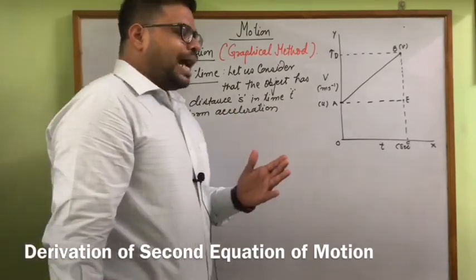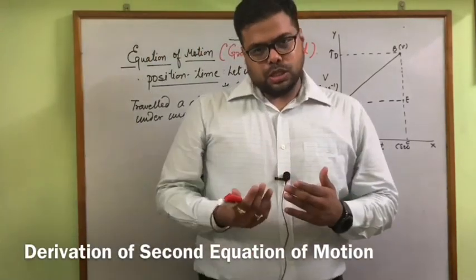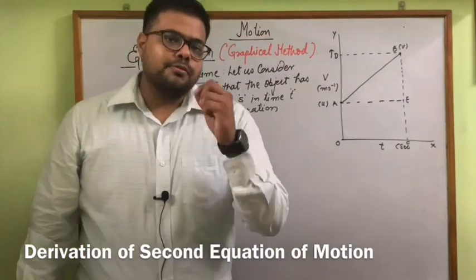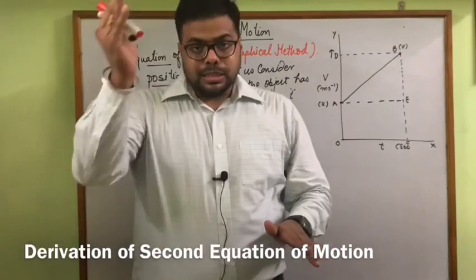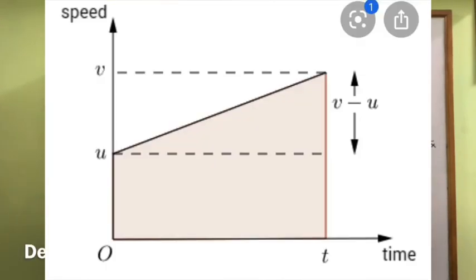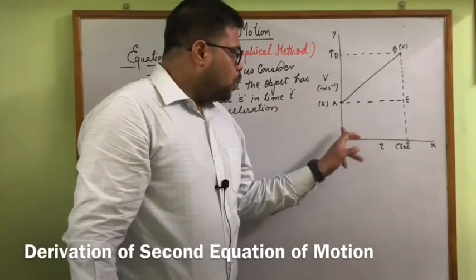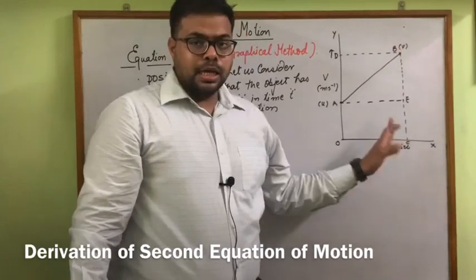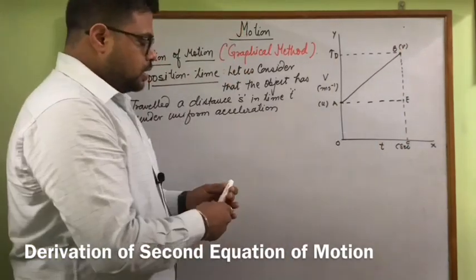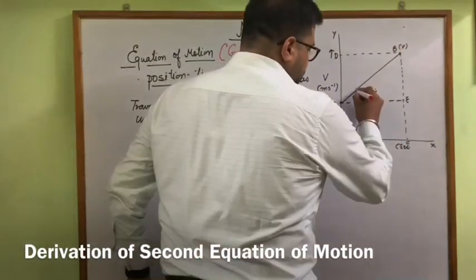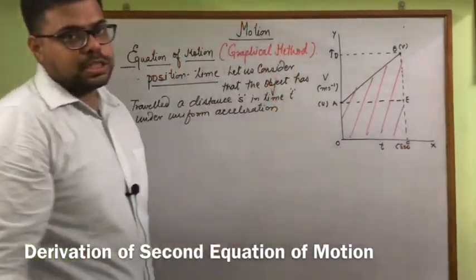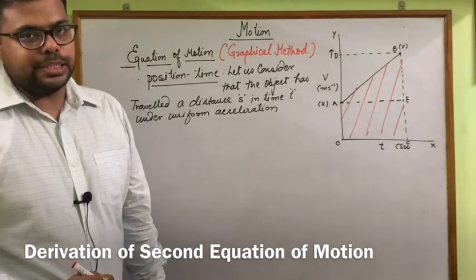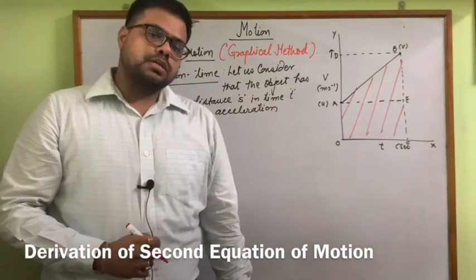Now we know that by the graphical representation of motion, when we draw the graph between velocity and time, the area under the curve, here the curve is OABC. The area under the curve means this particular region. The area under the curve gives us the distance traveled by the object in time t.